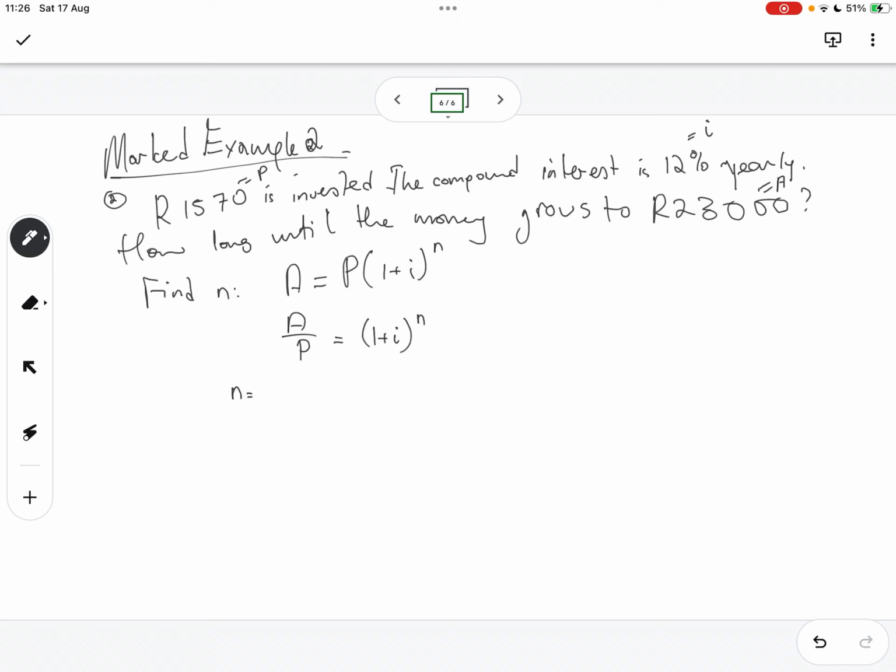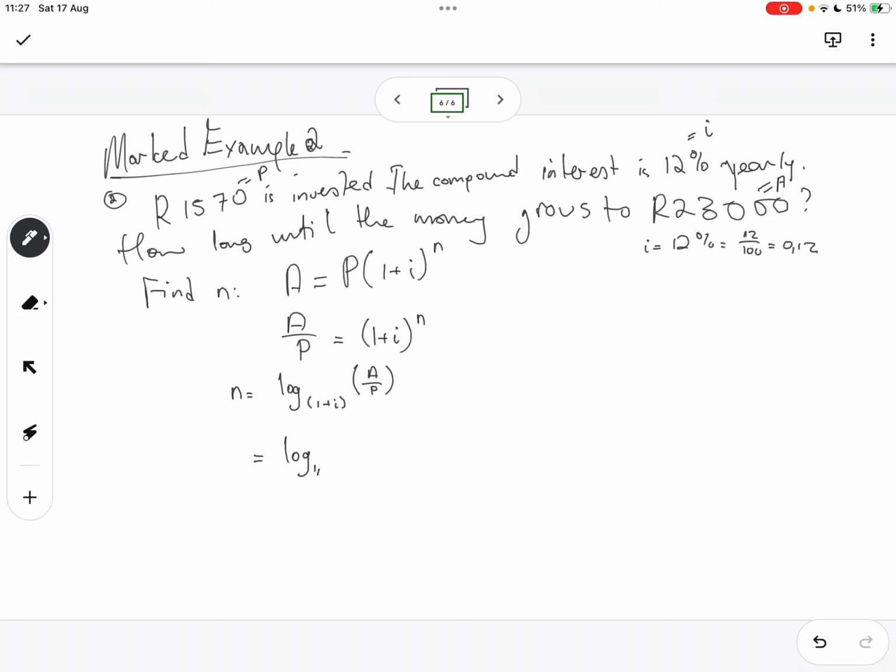Then I take the logs. So the log to base 1 plus i of A divided by P will equal n. Then I substitute. So if my interest rate is 12%, that equals 12 over 100, which is 0.12.